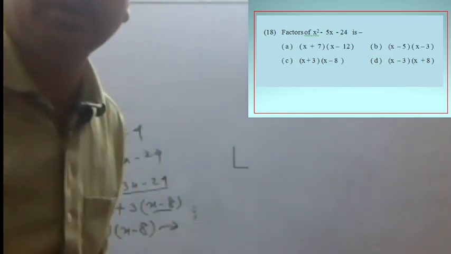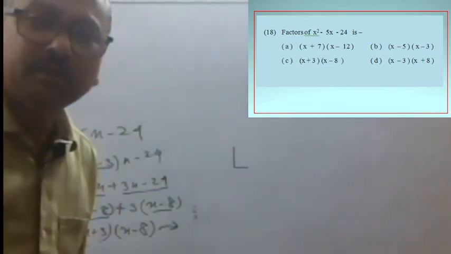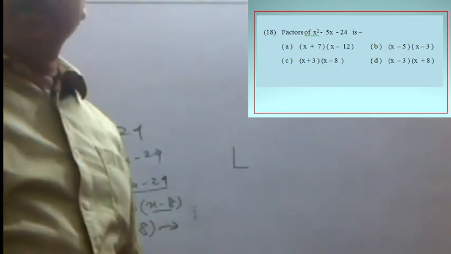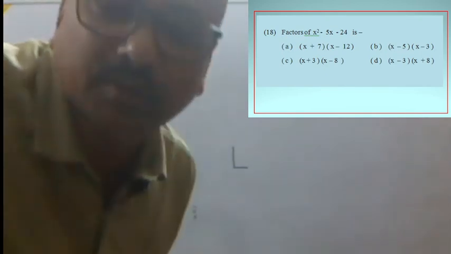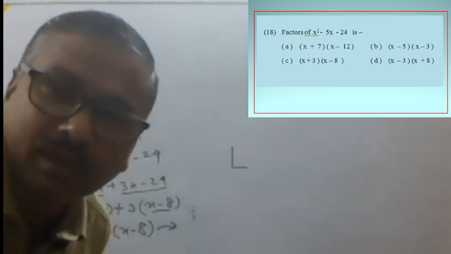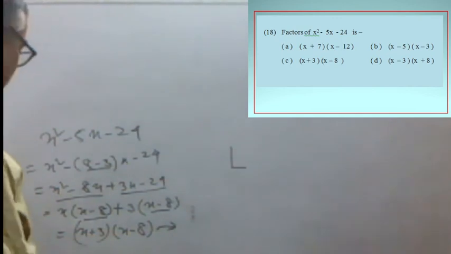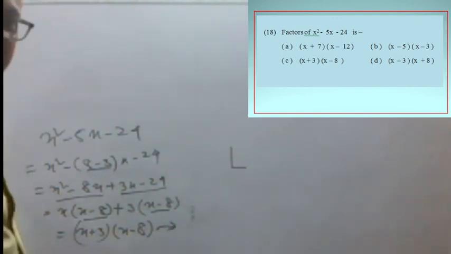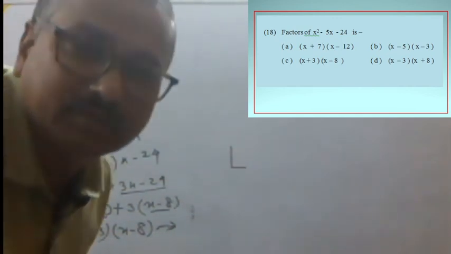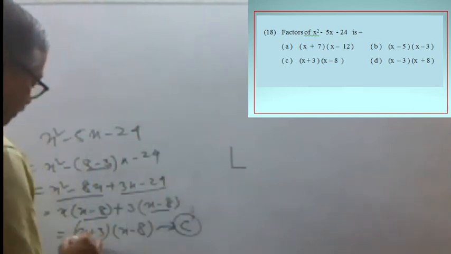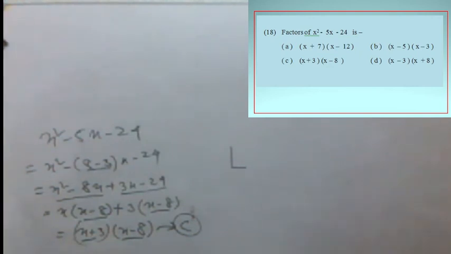So the correct option is option C, x plus 3 into x minus 8.